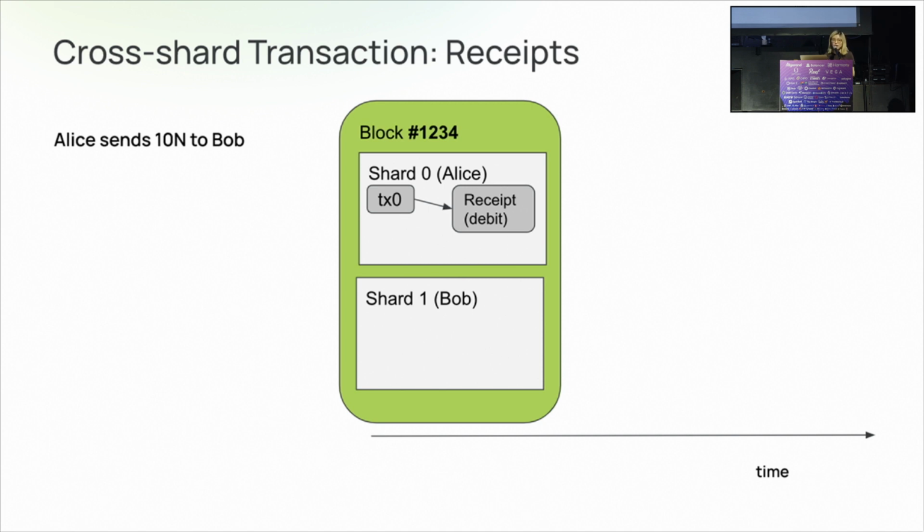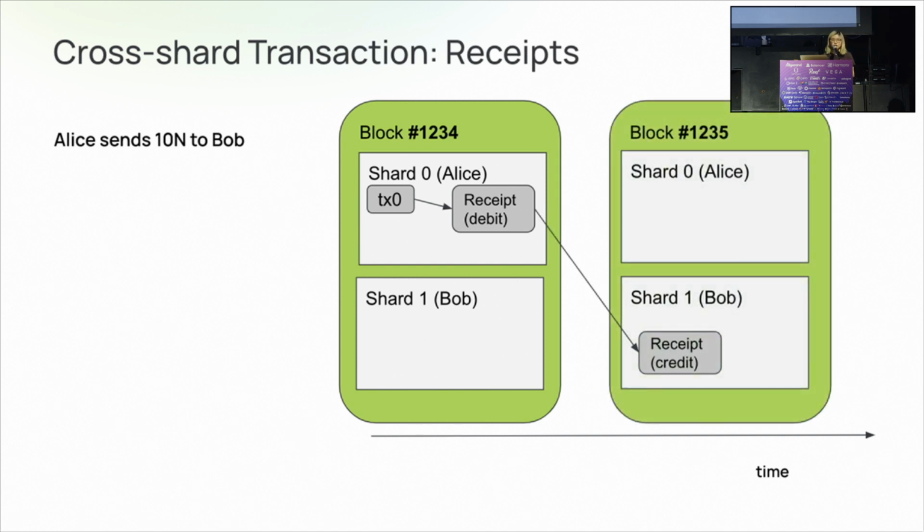Now, shard 0 has done everything it can regarding this transaction, and the rest of the work has to be done by shard 1. So shard 0 will send this receipt to shard 1, and the receipt will be included as part of the next block. So when shard 1 processes the next block, it will see this receipt and put 10 NEAR into Bob's account.